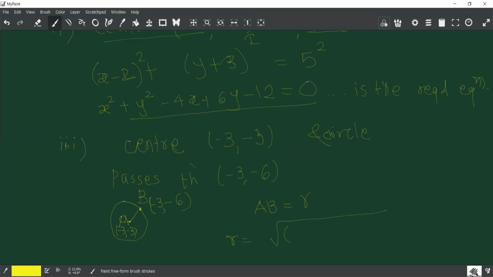So -3 minus -3. That is वो आएगा 0 ही आएगा. Radius आया 3 units.